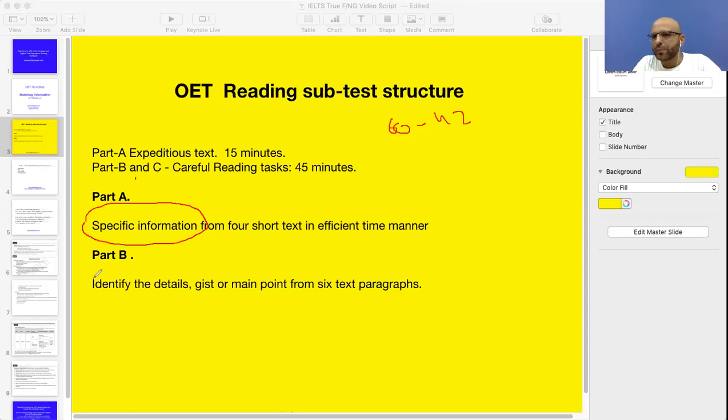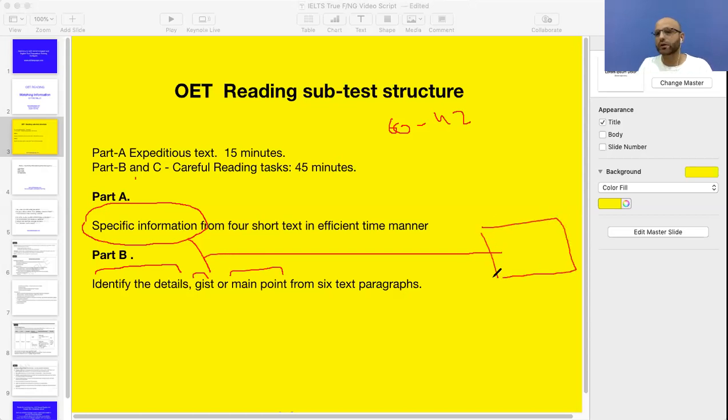Conscious and deliberate preparation means that you understand what each part of the reading evaluates, and you prepare yourself in line with those assessments. So these are the skills that we are going to focus on in our training, right?